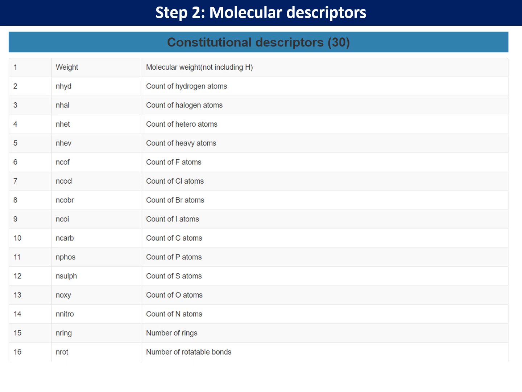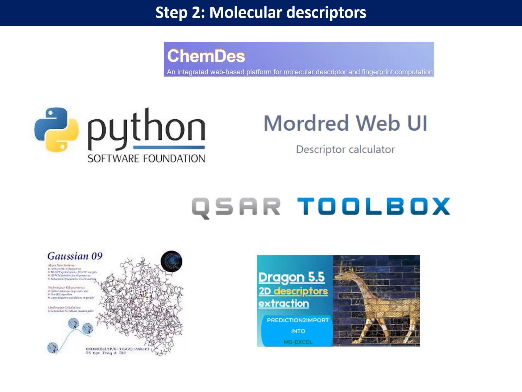As you can see here, in 1D we have molecular weight, hydrogen atoms, halogen atoms, heteroatoms, up to 30 molecular descriptors. So here, I will show you which software or program can calculate molecular descriptors. We can use the GMS pre-software, and you can use Python, or the Mores web that I use.